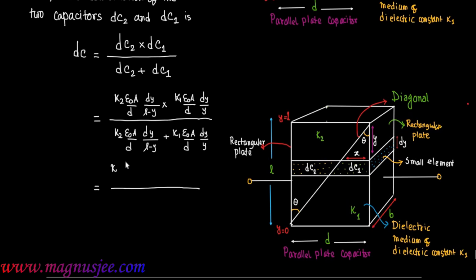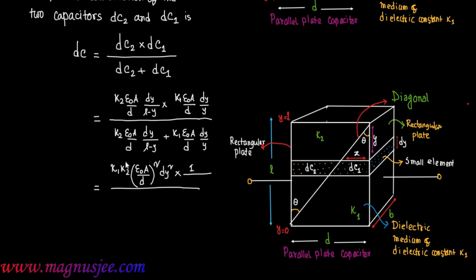Equal to K1 K2 (epsilon 0 A divided by d) whole square, dy square into 1 divided by (L minus y) into y.